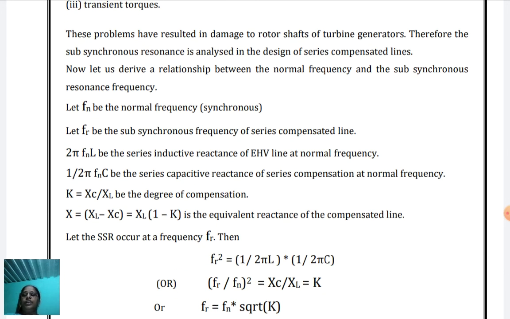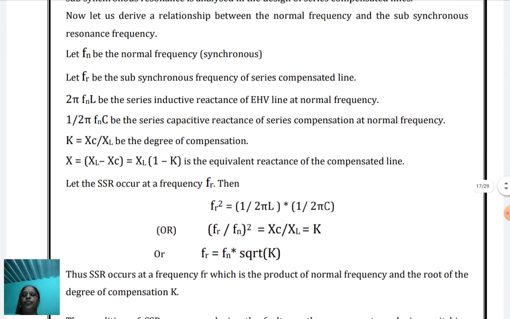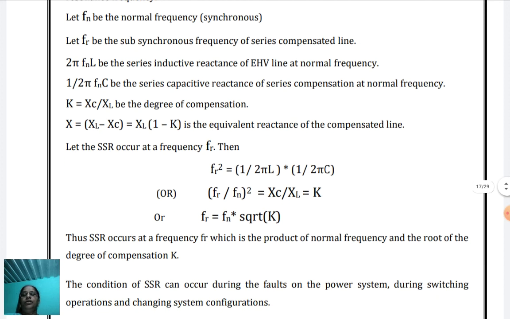Let Fn be the normal frequency at synchronous condition, and Fr the sub-synchronous frequency of the series compensated line. Therefore XL = 2 pi Fn L is the series inductive reactance of the extra high voltage line at normal frequency. And Xc = 1 divided by 2 pi Fn C is the series capacitive reactance of series compensation at normal frequency.